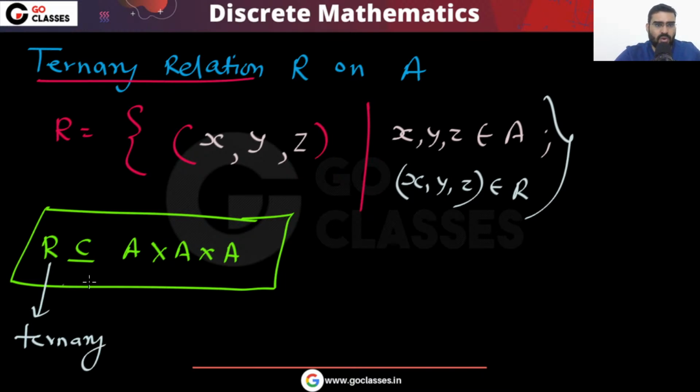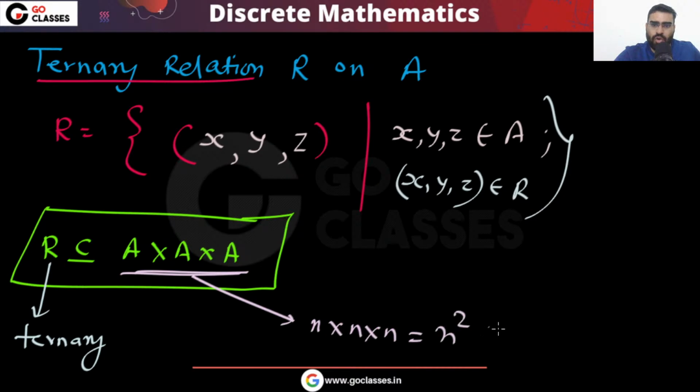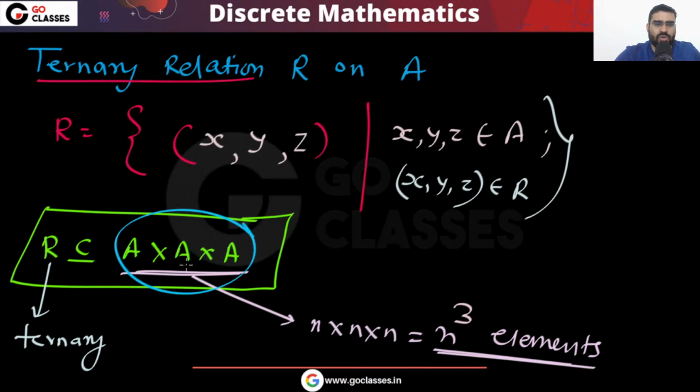Now, how many elements are there in this A cross A cross A? That will be n into n into n, which is n cube elements. Every subset of A cross A cross A will be a relation. So how many subsets are there?